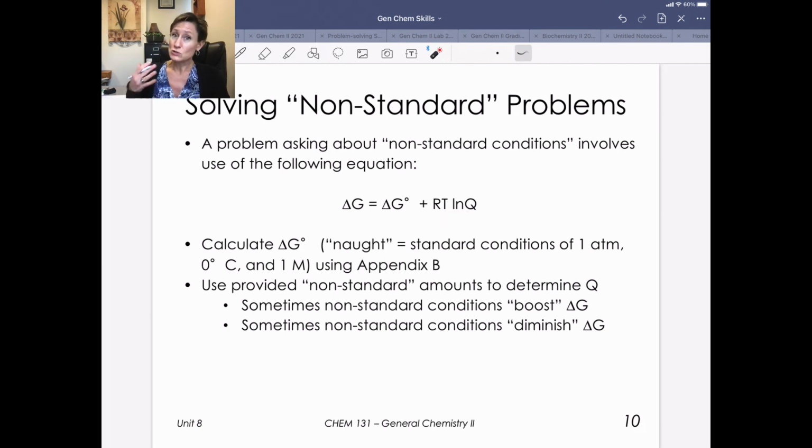Now, sometimes you might have non-standard conditions that boost or augment your delta G, and sometimes you might have things that diminish it. It depends on where you are compared to where you want to be, and you'll see that played out mathematically as you do these calculations. So that's pretty much it for our learning unit here on thermodynamics.